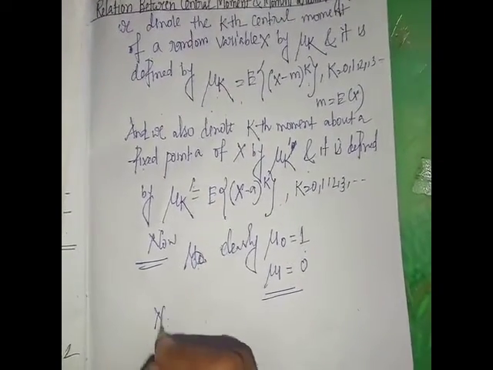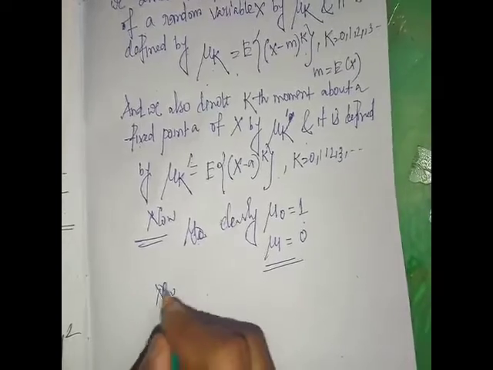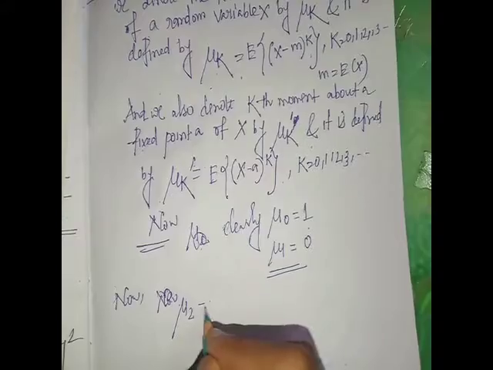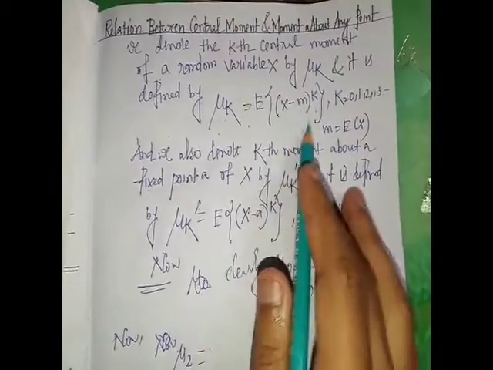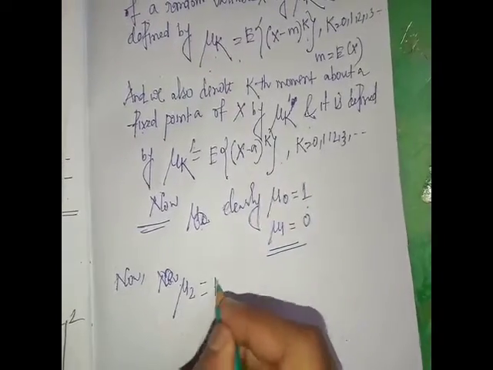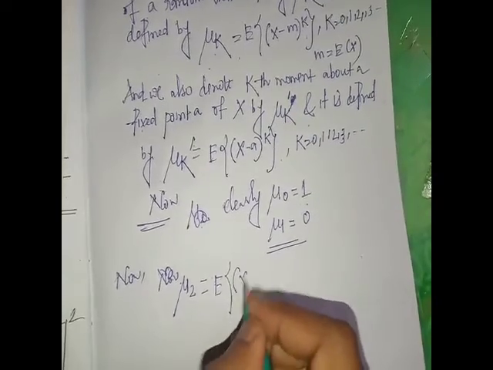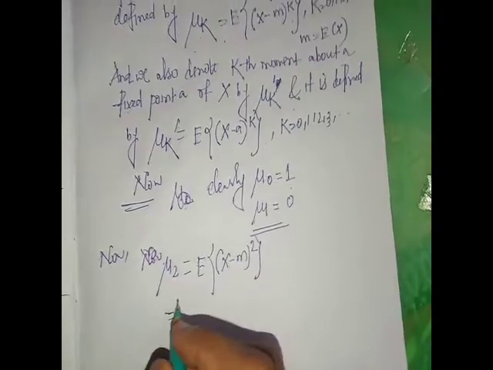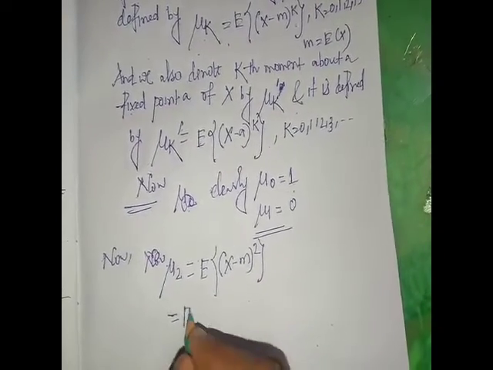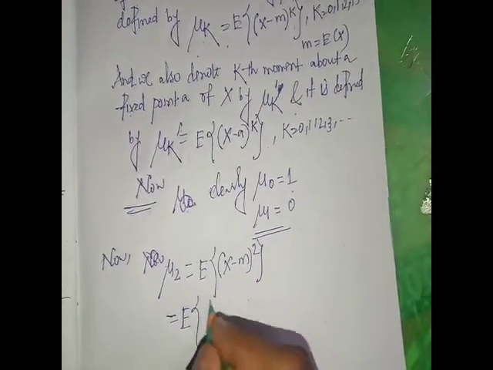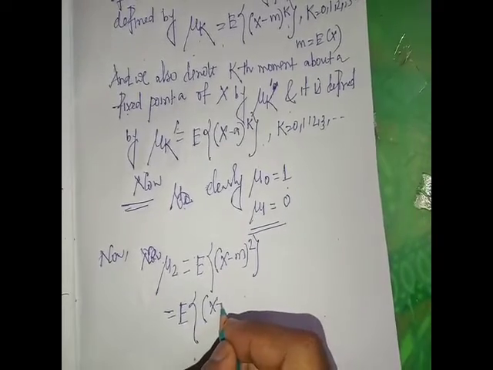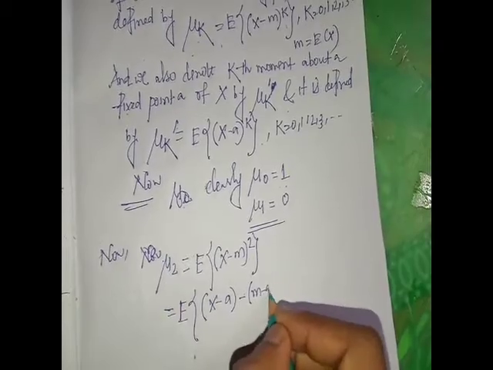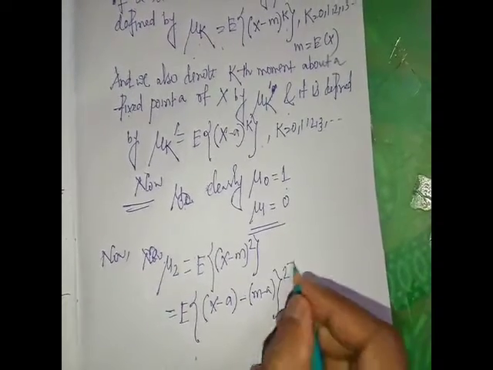Now, mu 2 means expectation of (x minus m) whole square. Now, expectation of (x minus m) whole square means expectation of ((x minus a) minus (m minus a)) whole square.